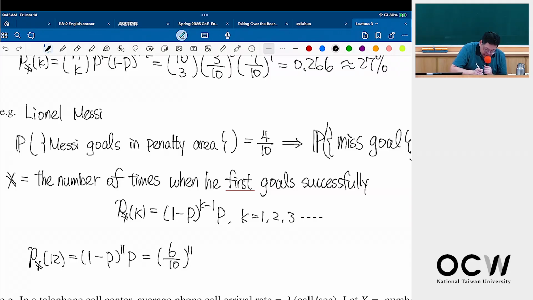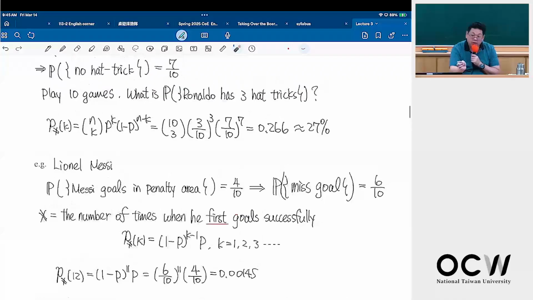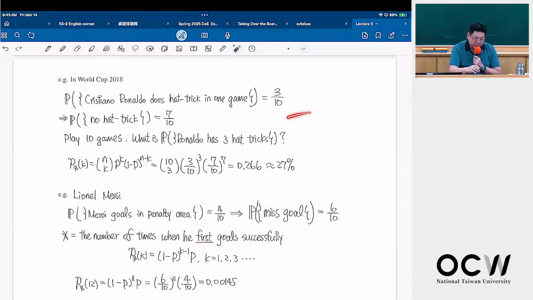So here we have 60% for missing the goal, 11 times, times the last one, the goal, 40%. So this probability is pretty rare, but we just randomly made the number.